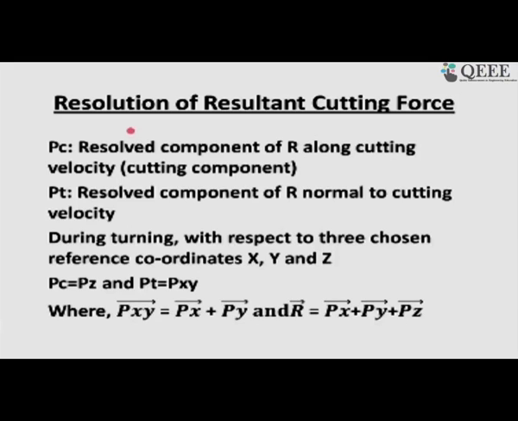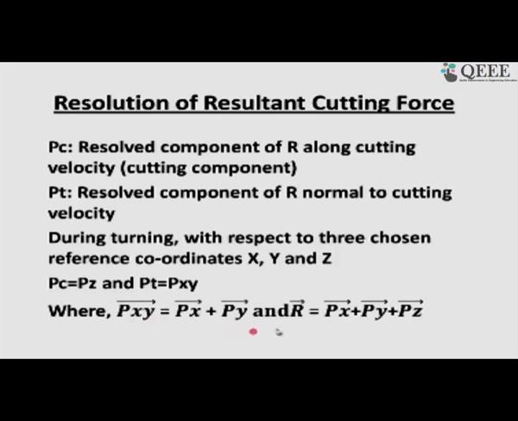So, we can resolve this R or R dash into components, where R is actually Px plus Py plus Pz, but Px plus Py is also in combined form as Pxy.